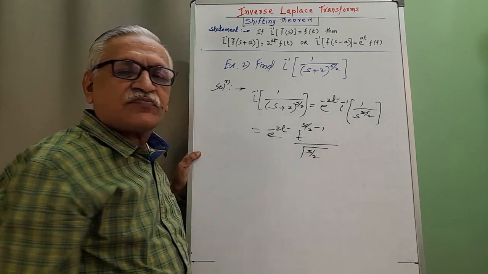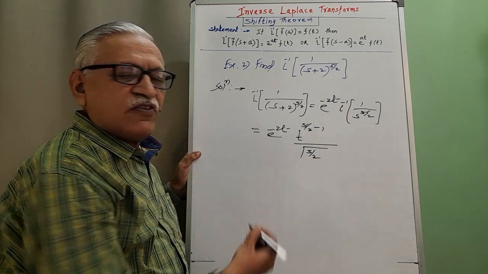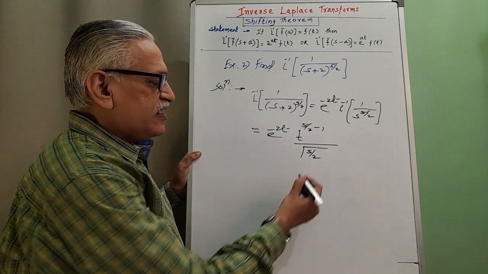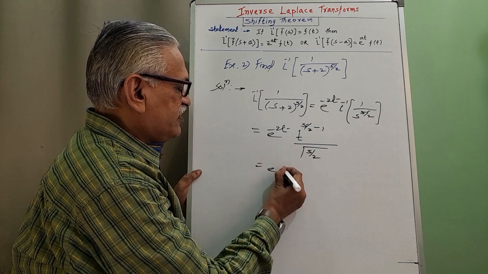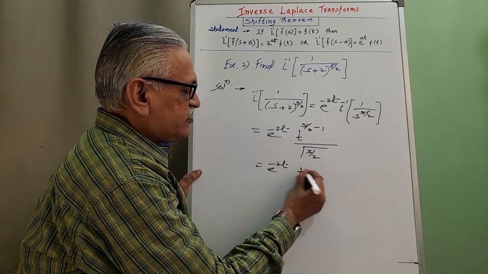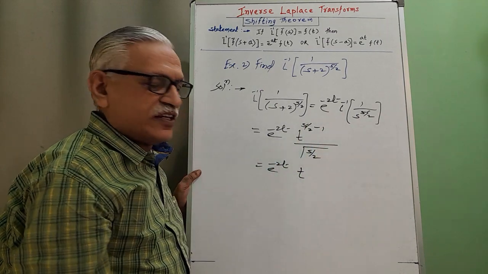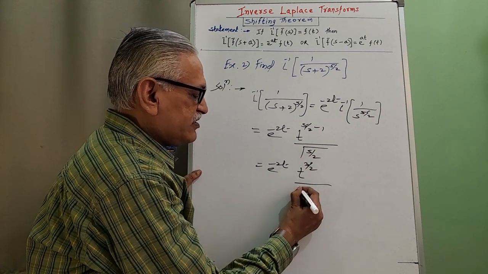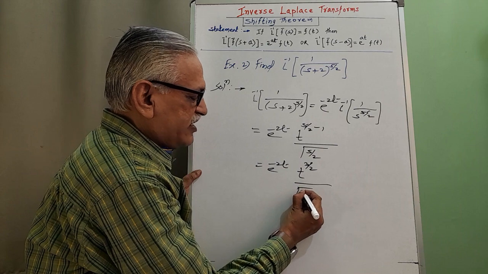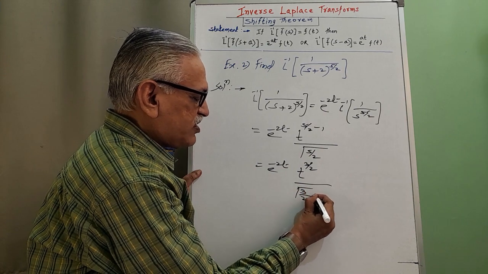Then whenever we require to find the value of gamma, try to express it in the form of gamma n plus 1, and therefore it is e raised to minus 2t, t raised to 5 by 2 minus 1, that is 3 by 2, and divided by gamma of 5 by 2, I can rewrite as 3 by 2 plus 1.